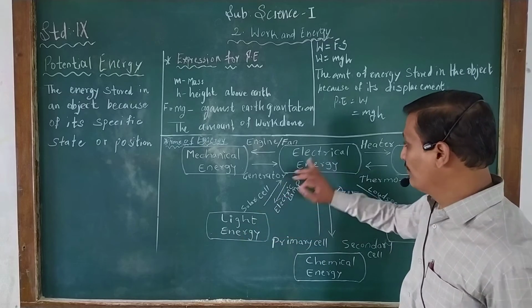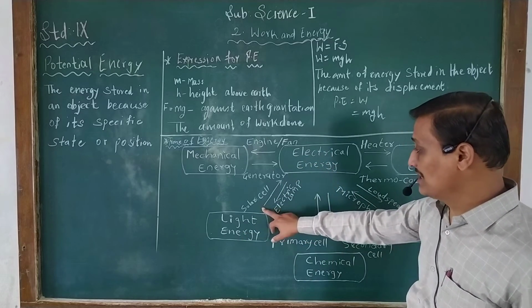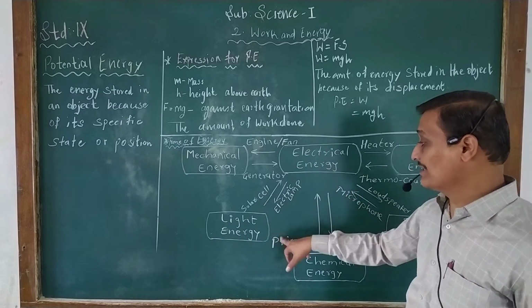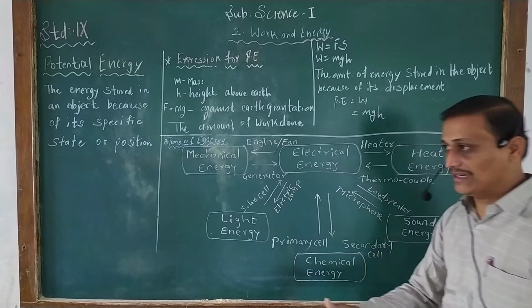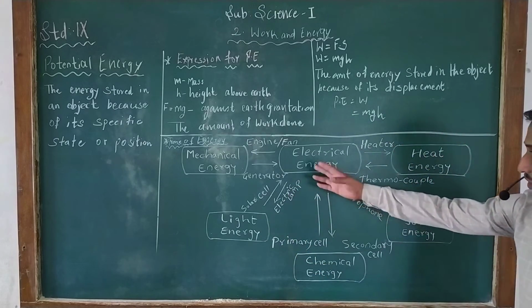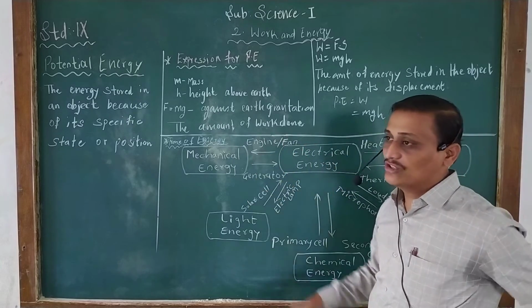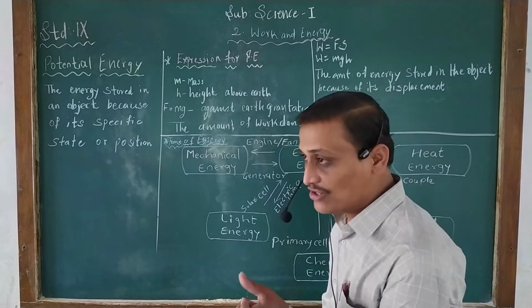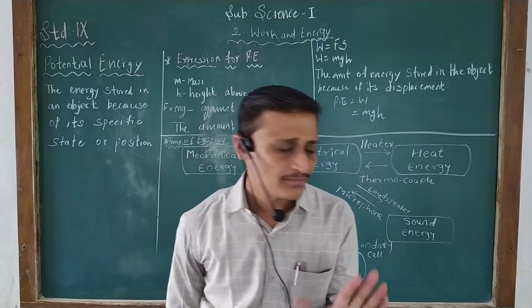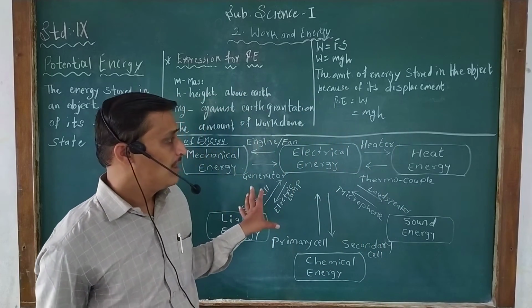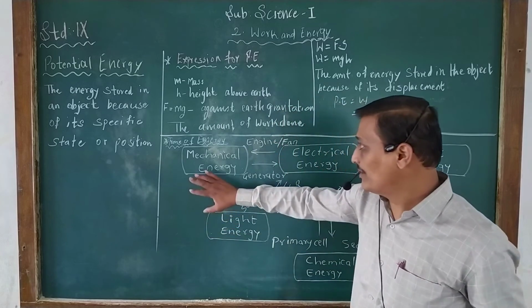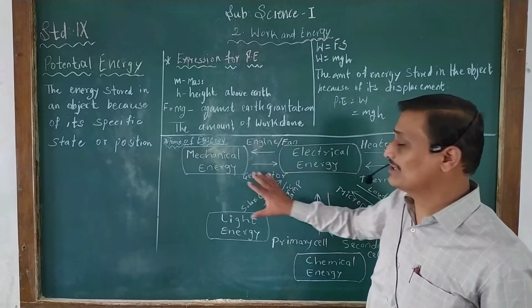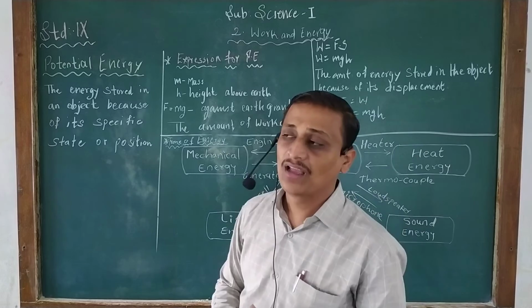Light energy can be converted into electrical energy in a solar cell, whereas electrical energy is converted into light energy with the help of an electrical lamp. So these are all the devices shown on the arrows, showing how the conversion of energy happens. Go through it. This conversion of energy from one form to another is nothing but transformation of energy.